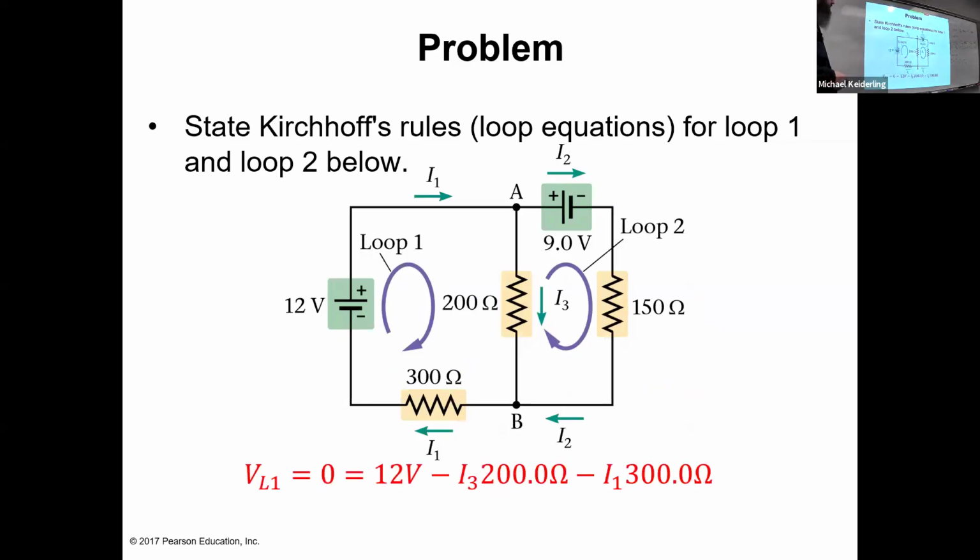So 0 equals 12 volts minus I3 times 200 ohms minus I1 times 300 ohms.